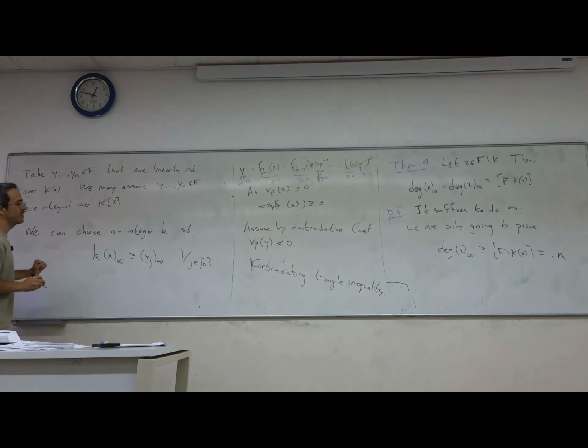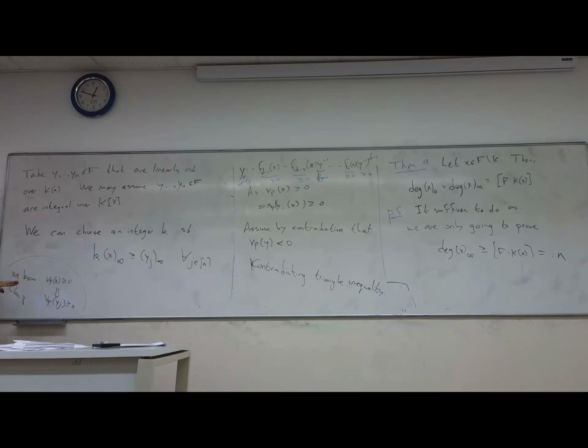The point is that by the previous claim, it's actually a bit tricky. We know that vP of x larger or equal to 0 implies that vP of yj is too, because of the integrality. Right, this is the claim from before. We know from the before claim that if x is defined at a point, for any point, then any integral element over it is defined at the point.